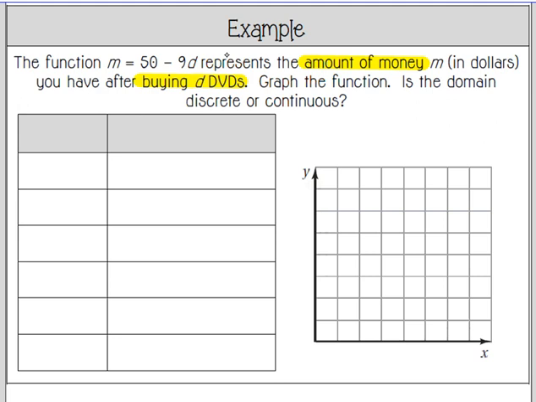Going back to those lessons we've talked about before, our independent variable would be our number of DVDs, and that would leave our dependent variable to be the amount of money we have left.